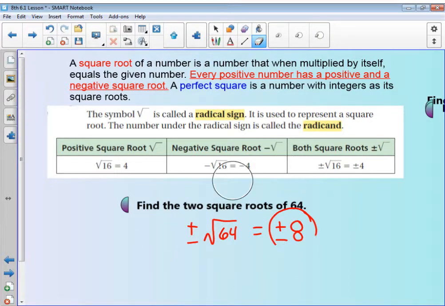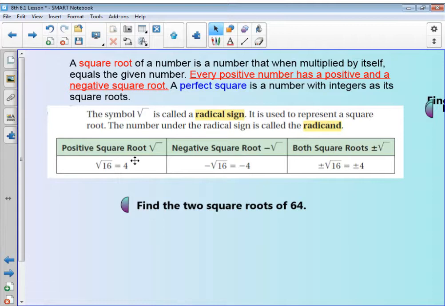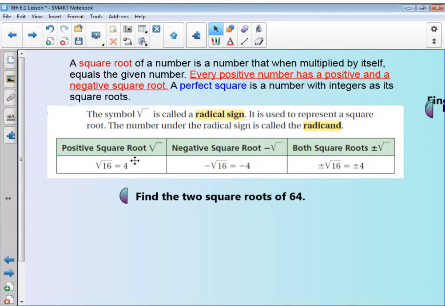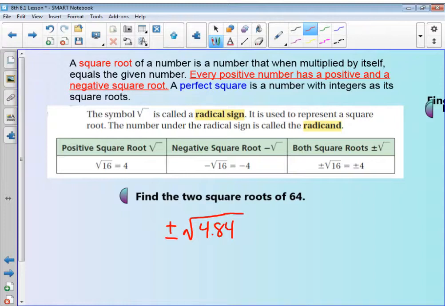Now, this same concept can be applied. They don't have to be perfect squares. For example, if we had the square root of 4.84 and they asked for both of those, we could go through and actually solve that also.